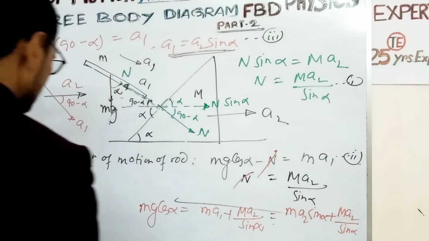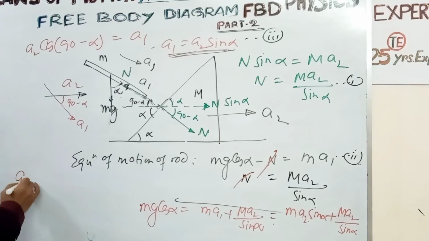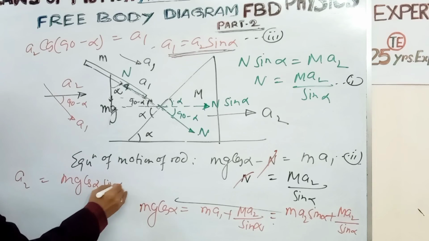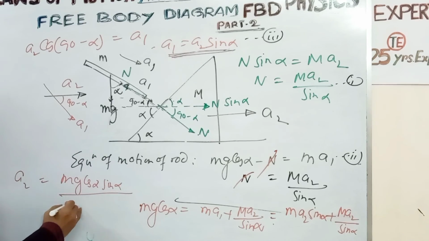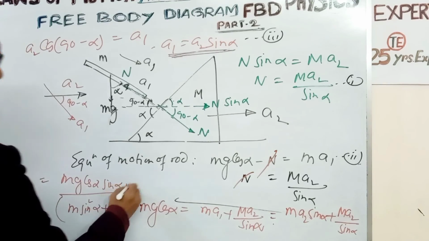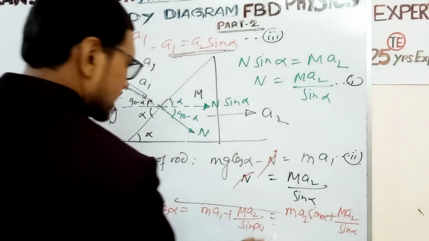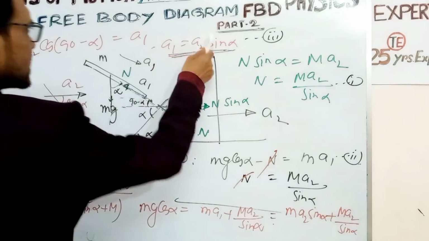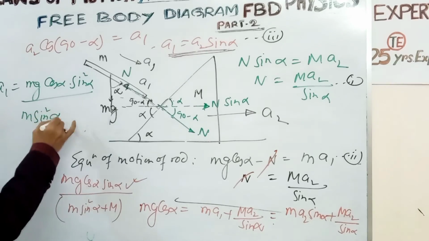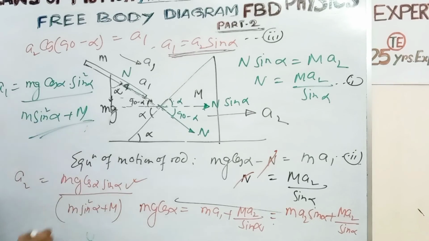From this we get A2 equal to mg cos alpha sin alpha divided by m sin square alpha plus m. So this is A2, and if we put A2 here, we get A1, with sin square alpha divided by m sin square alpha plus m. So these are the two results, A1 and A2.